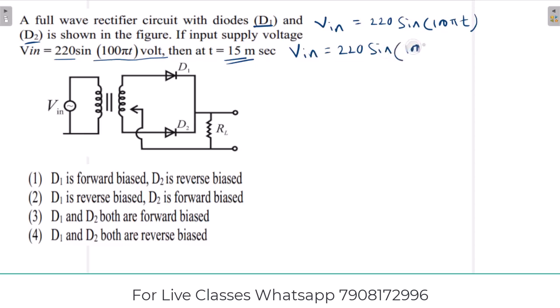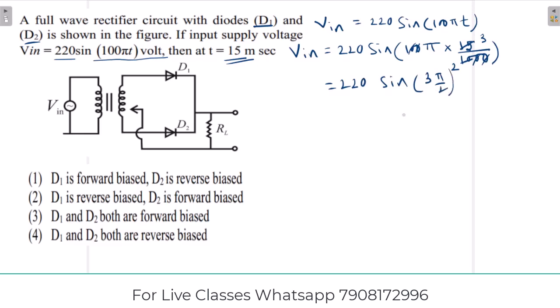So 100 pi and time t is 15 by 1000 second. So 20 cancels, 5 into 3 is 15 and 5 into 2 is 10, that is 220 sin 3 pi by 2.